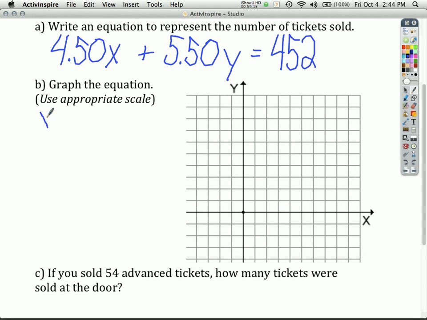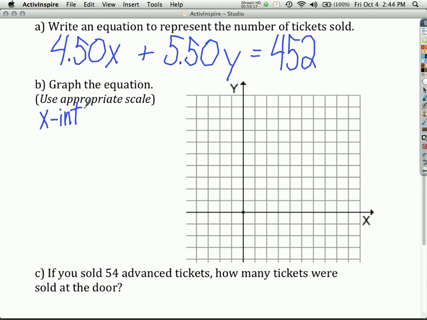So let's go ahead. x-intercept. How do I find the x-intercept? Anissa? Replace y with 0. Good. So you'll notice that that's going to make this disappear, and we're going to end up with 4.50x equals 452.